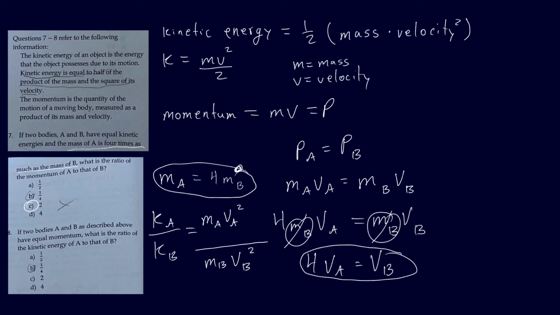Okay, now I'm going to replace some of these variables with their equivalencies so that I can start crossing out variables. So looking at this factor here, it seems like it's a good idea to replace all the velocity of object B's with 4 times the velocity of object A. But one of the issues here is that the velocity over here is getting squared.